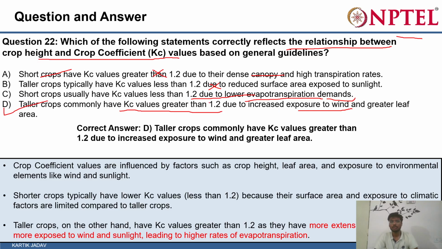Because obviously short crops have a lower water demand, but we cannot directly state it, because certain short-growing crops like rice have a higher water demand.